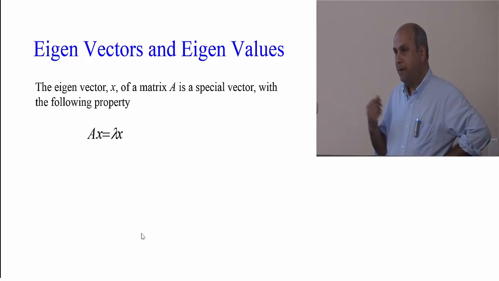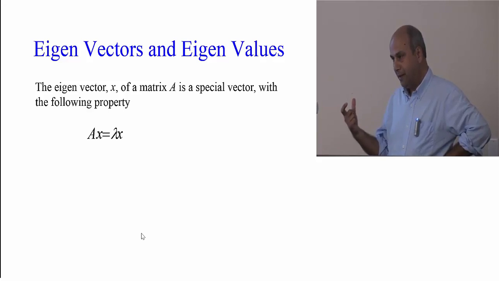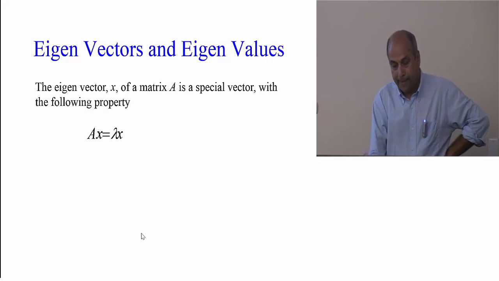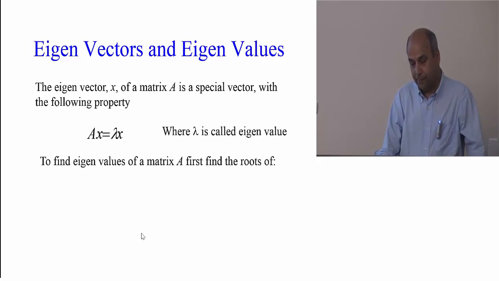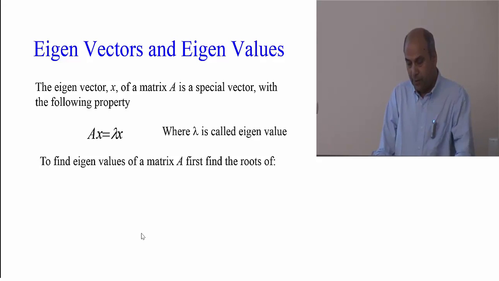So here, we have a matrix A and vector x. Multiply A with x, you get lambda x, which means you get the vector x back with some scalar, which is lambda. If that is true, then x is the eigenvector of A. It's a very, very useful concept. You will use it a lot. Lambda is called the eigenvalue. x is called the eigenvector.